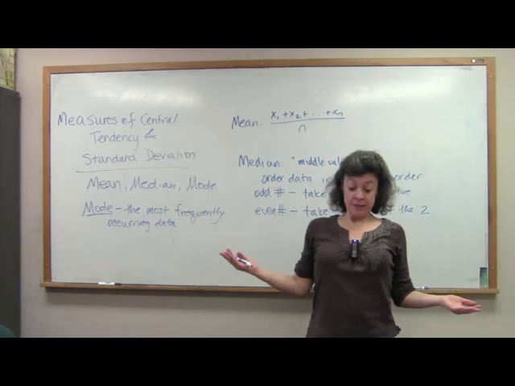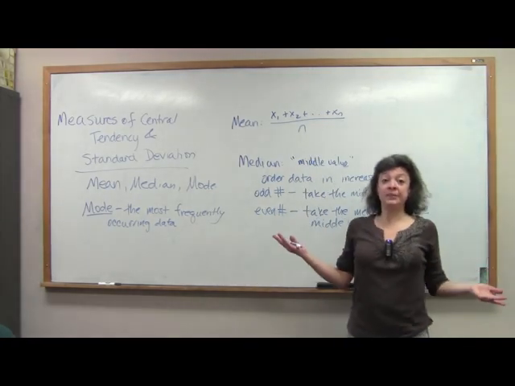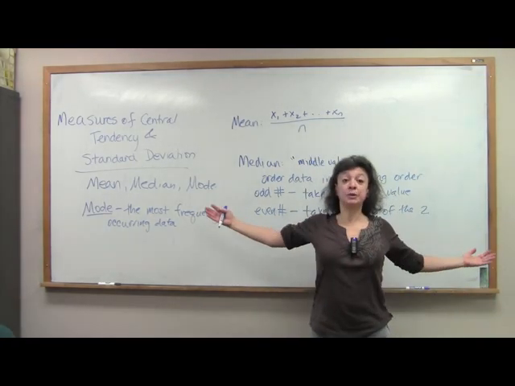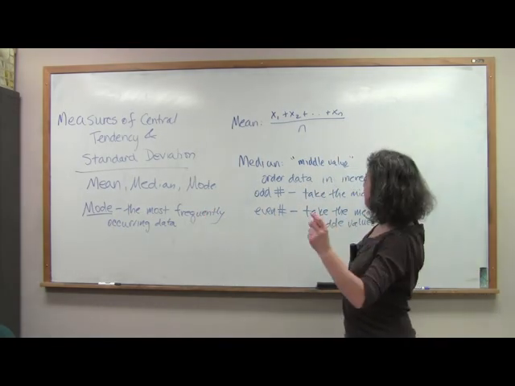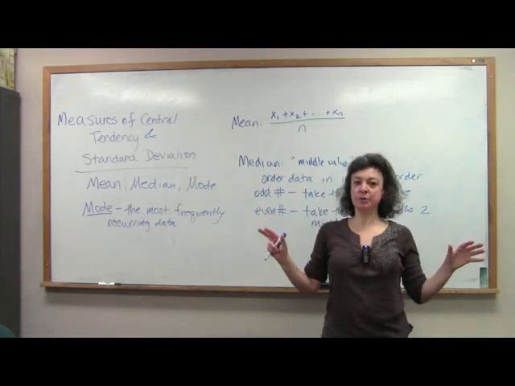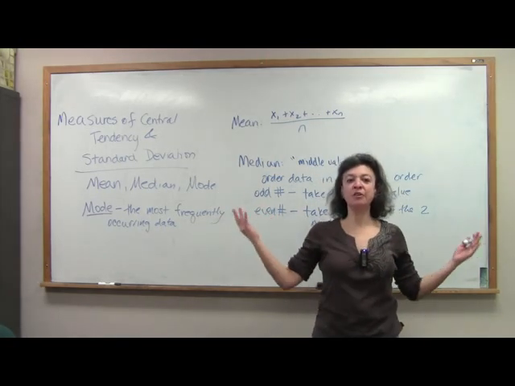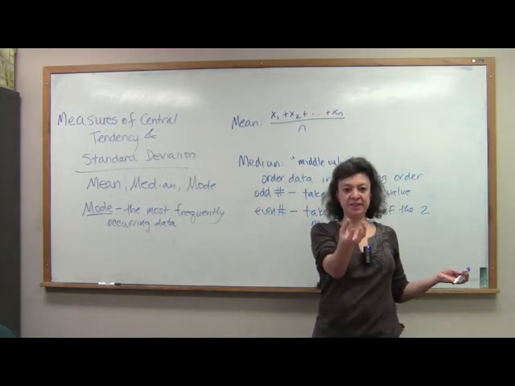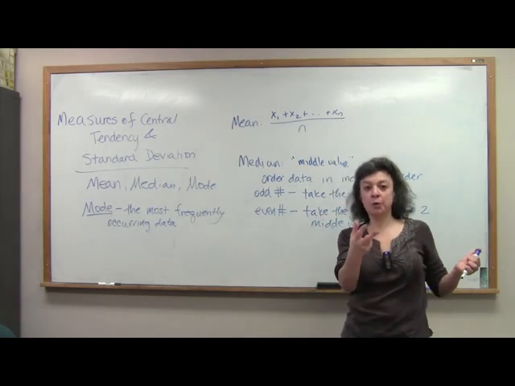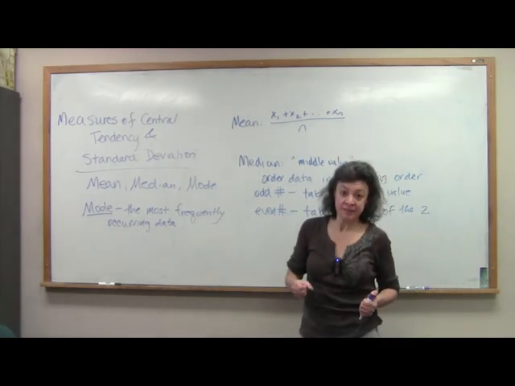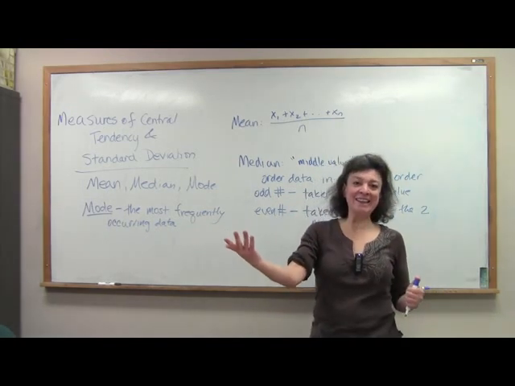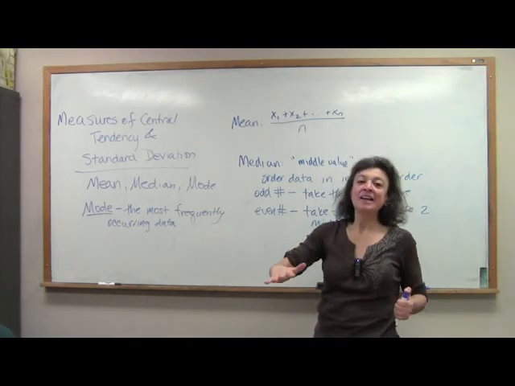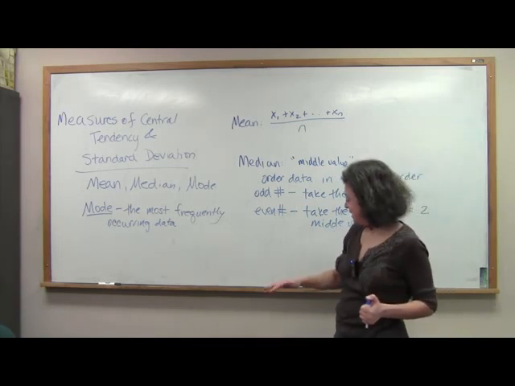Now, one of the great things about the mean is that it takes into account all your data values. Okay? Whereas the median, it doesn't take into account all your data values because you've ordered them and then you've just taken your middle value or the average of your middle values. But precisely that advantage of taking into account all your data values can also be a disadvantage.